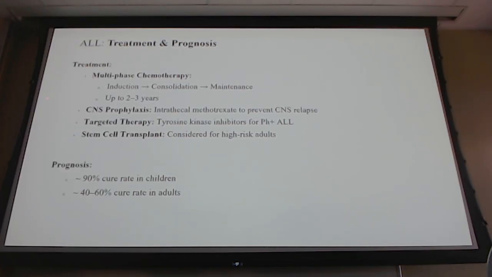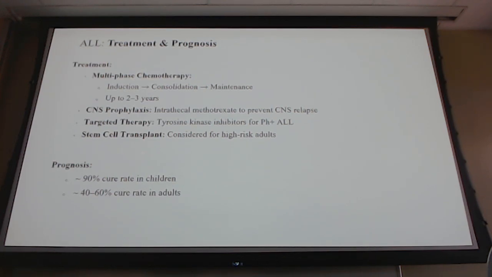Multi-phase chemotherapy, again, is induction, consolidation, maintenance, up to 2-3 years, so it's not a quick onset. Intrathecal, that CNS prophylaxis is important, right? So understand that concept, that CNS evaluation, you may be missing something and they're going to be at increased risk for relapse.